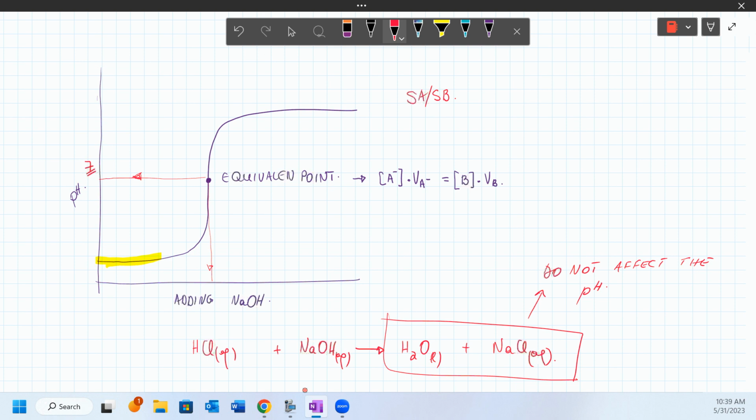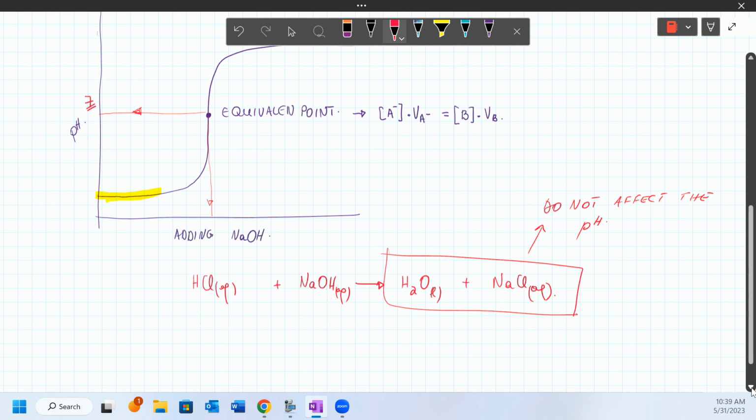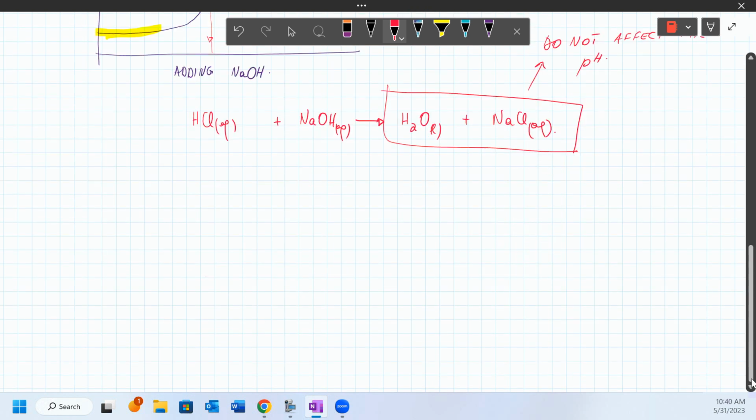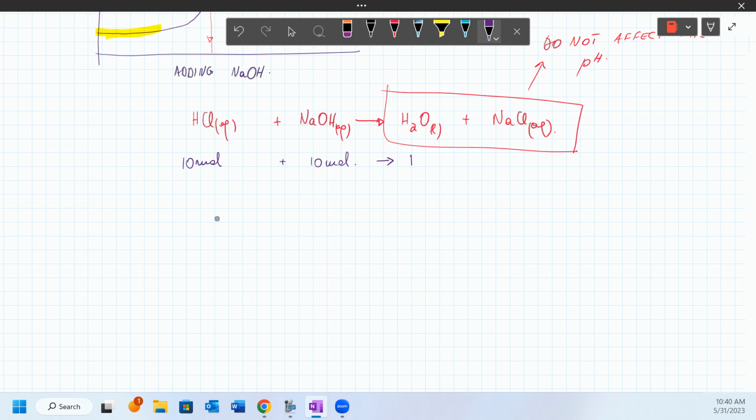So what do we have in this case? Since everything is used, if we have, let's say, 10 moles of hydrochloric acid reacting with 10 moles of sodium hydroxide, then what we will have as products is 10 moles of water and 10 moles of sodium chloride.